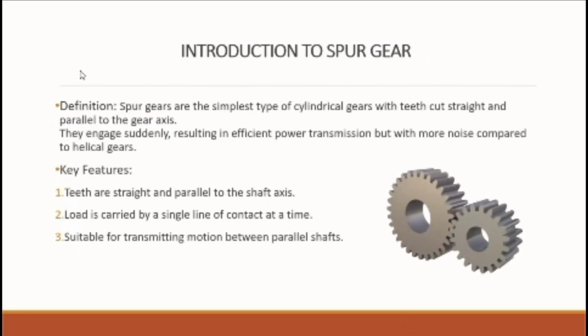So, spur gear. Spur gears are the simplest form of cylindrical gears with teeth cut straight and parallel to the gear axis. They engage suddenly, resulting in efficient power transmission but with more noise compared to helical gears. As this definition says, spur gears are the simplest type of cylindrical gears, and the teeth are cut parallel to the axis of rotation of the gear.